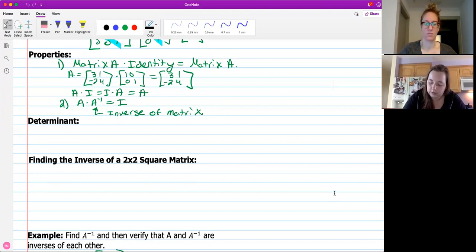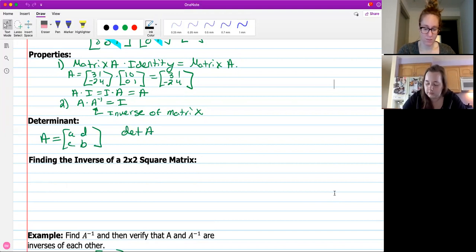Okay, so if we have matrix A with entries A, B, C, and D, then the determinant of A, and that's our notation, is equal to AD minus BC.